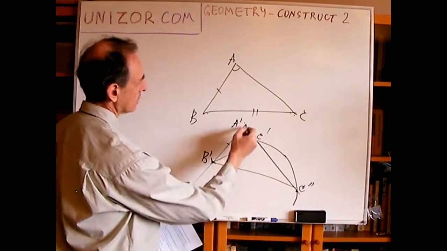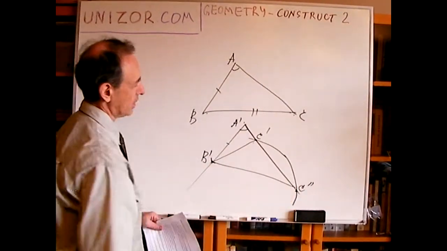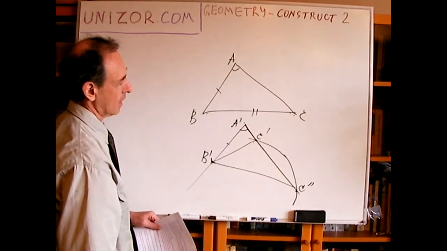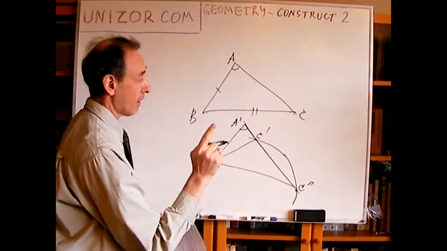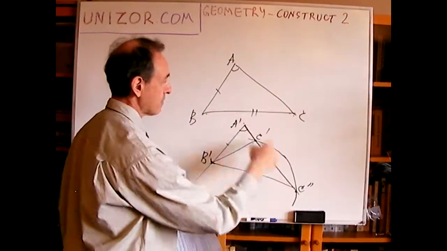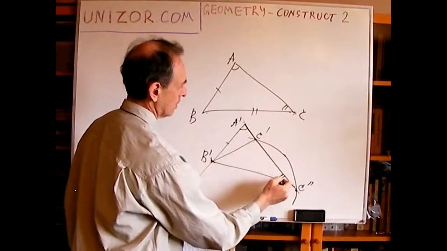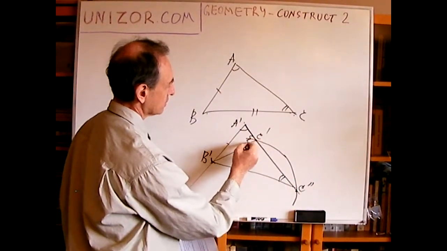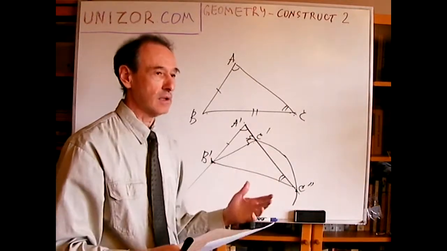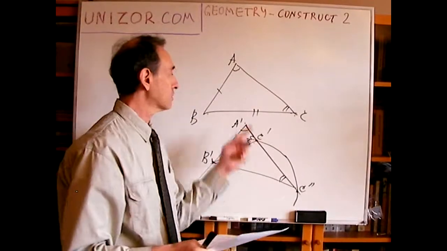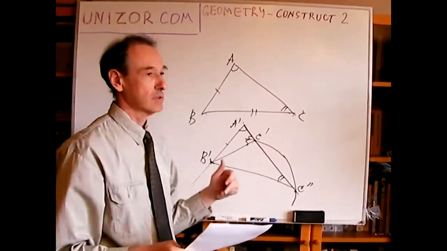So both triangles A prime, B prime, C prime, and A prime, B prime, C double prime are triangles of which only one is actually congruent to this one, because this angle will be equal. But the other is a completely different triangle. However, you can build a triangle not always congruent to the given one, using two sides and an angle.